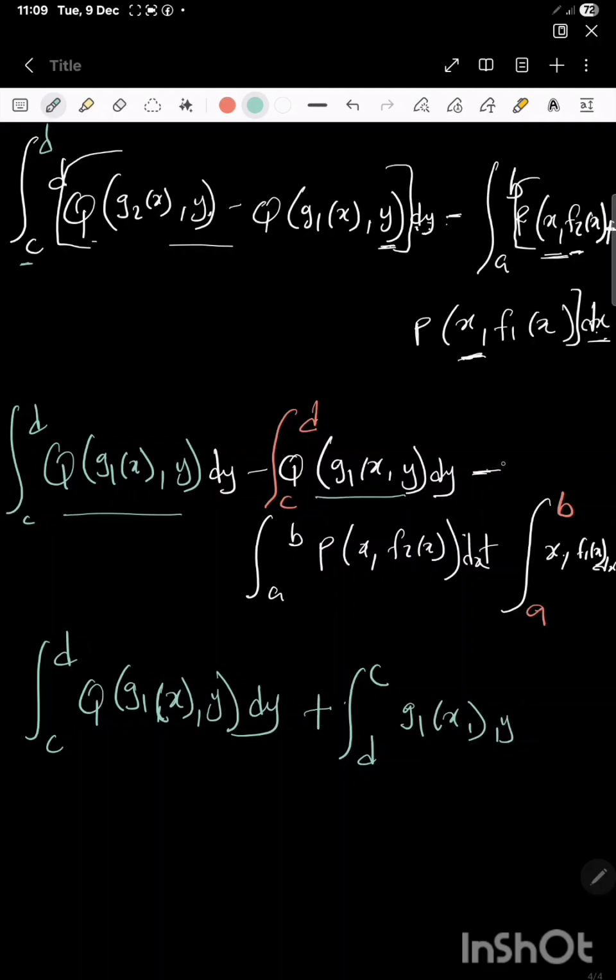Then I'll go to this one again. I need to change this negative to a positive. How can I change the negative to a positive? I'm going to change the limits. Instead of writing A to B, I'll write B to A, so that this negative changes to a positive.